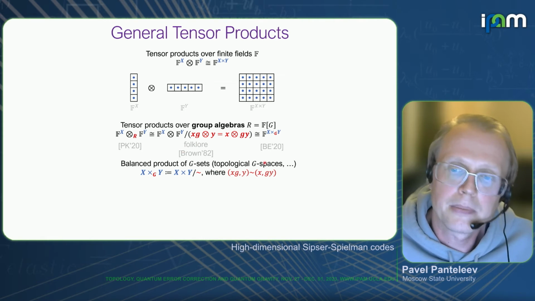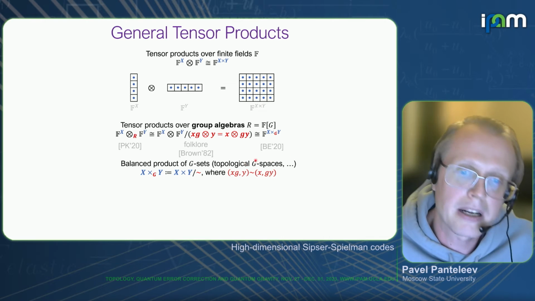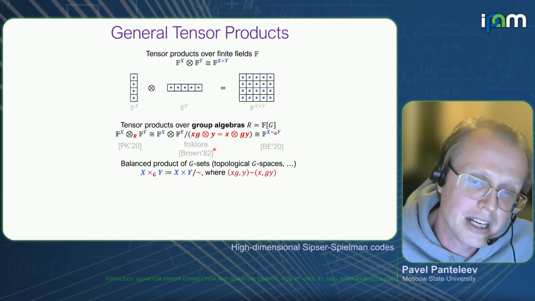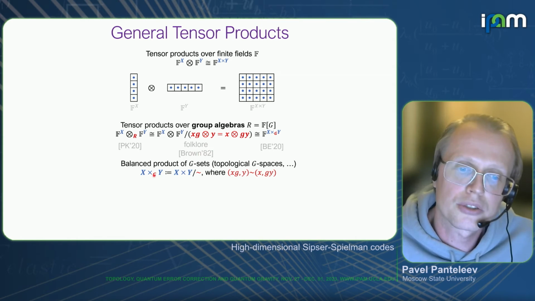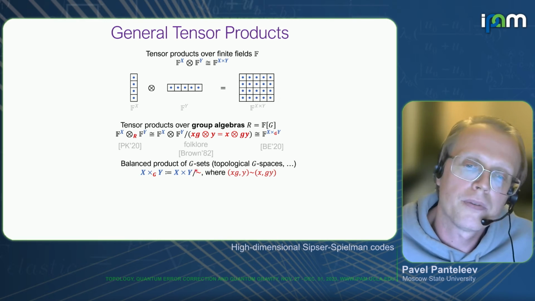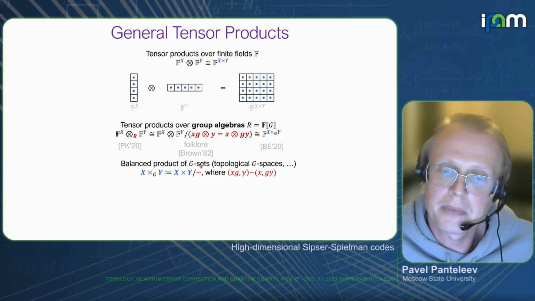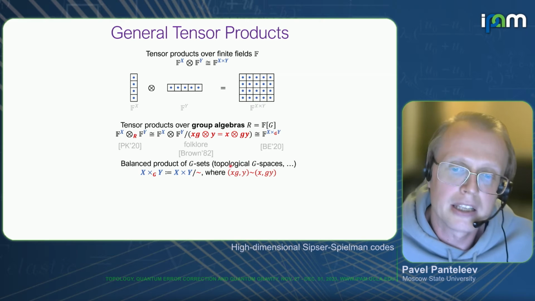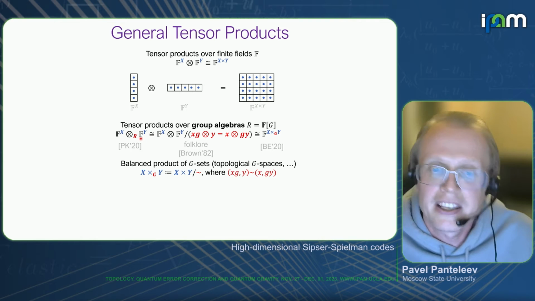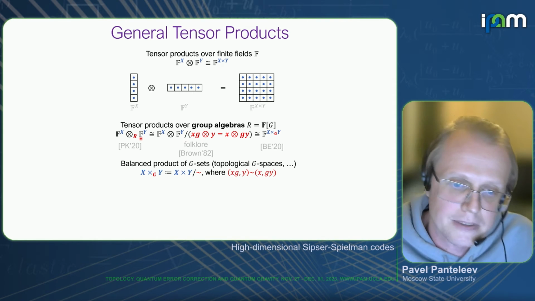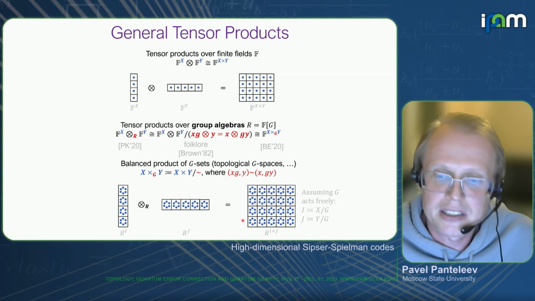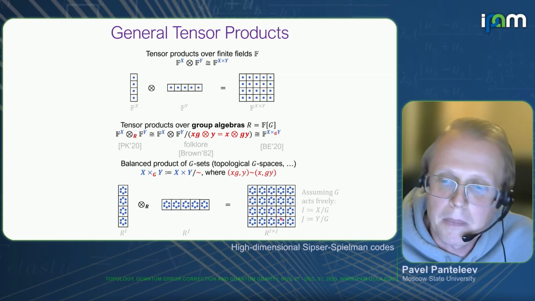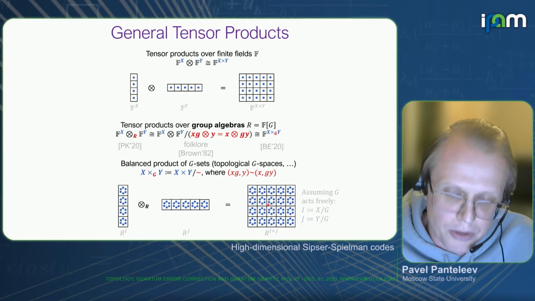For example, in the beautiful paper of Breuckmann and Eberhardt, it was shown with some folklore results that it also naturally corresponds to what is called the balanced product of G-sets. These sets can have some additional structure. For example, they could be topological spaces, which means that this idea of the tensor product of group algebras is naturally related to the balanced product. Okay, but in this talk, we mostly consider them as just matrices, with a group of bits.